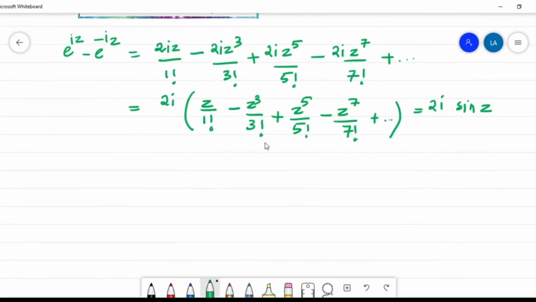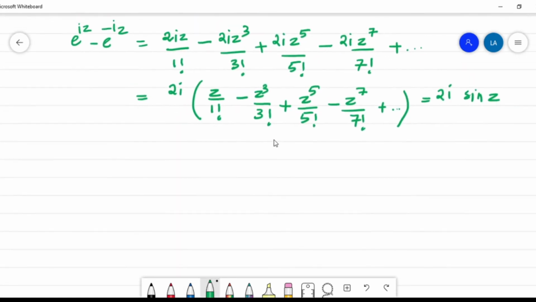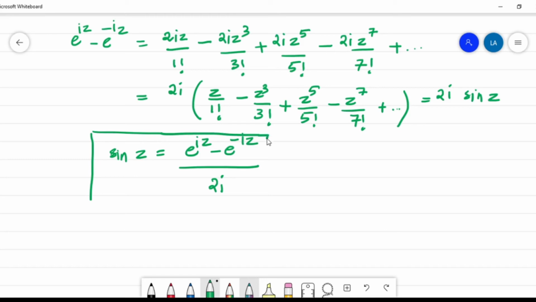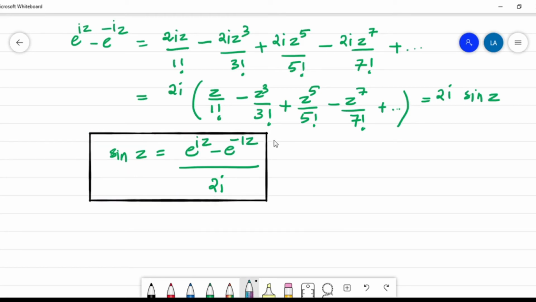So now you are going to get another important property which says sine z is equal to e raised to iz minus e raised to minus iz divided by 2i. This is also a very important property with respect to the relation between the exponential function and the trigonometric functions.